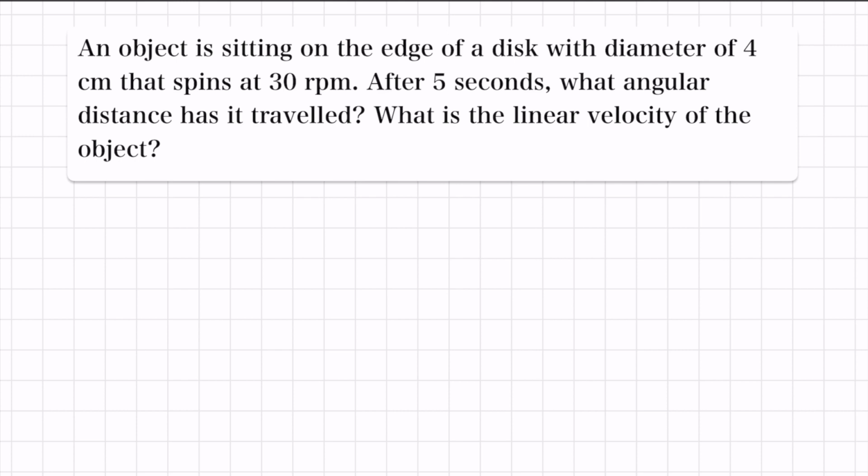So I have gone ahead and written this problem so that it has a lot of the common elements that I think get thrown into angular kinematics or rotational kinematic problems, or really just rotational stuff in general, that are there to trip you up.